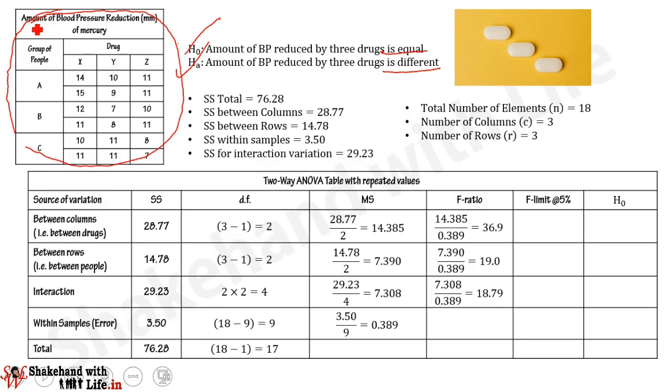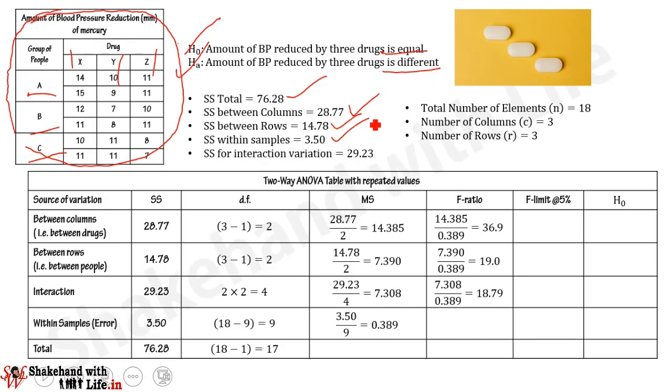For this experiment we calculated the sum of squares for total variation, 76.28, the sum of squares for variation between the columns X, Y and Z, 28.77, the sum of squares for variation between the rows A, B and C, 14.78, and the sum of squares for variation within the samples, 3.50.